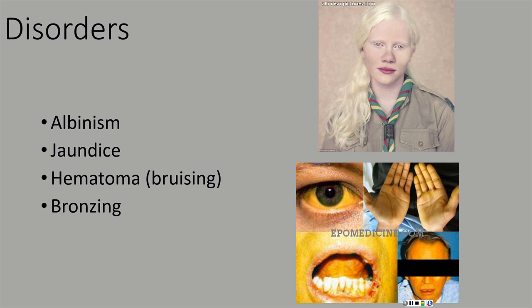And when they're broken down, one product is something called bilirubin. Bilirubin is taken out of the blood, mostly by the liver. A couple other things like the spleen and bone marrow can also take it out, but primarily it's the liver. And the liver takes that bilirubin, converts it into bile, and eventually it leaves the body in the feces.